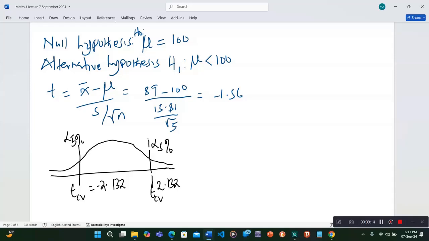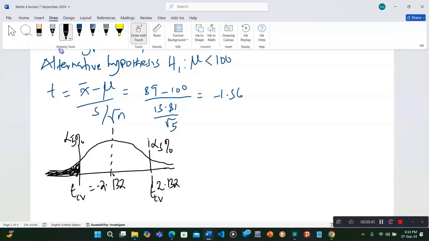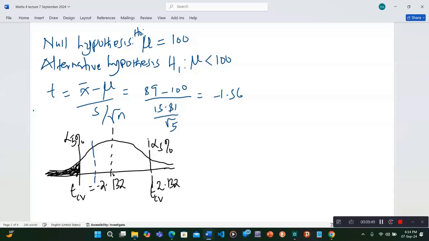So we are going to be testing values to this negative side. Remember, the 0 is at the center. This is the rejection region. Where is my negative 2.13? It is here. But the 1.56 must be before. So we can see that our 1.56, which is negative, is outside the rejection region.